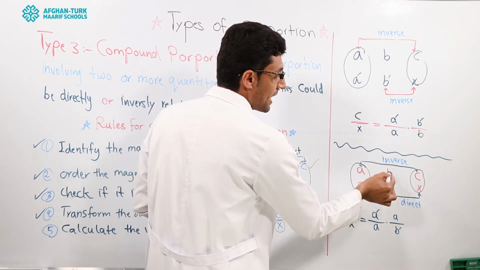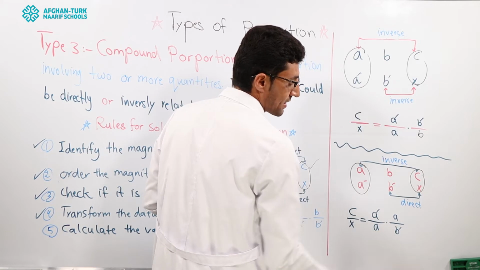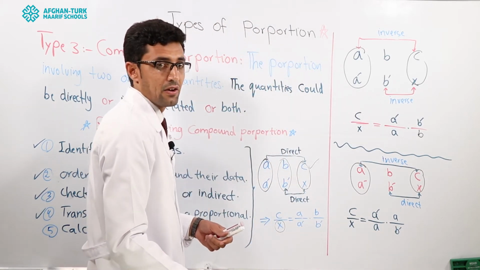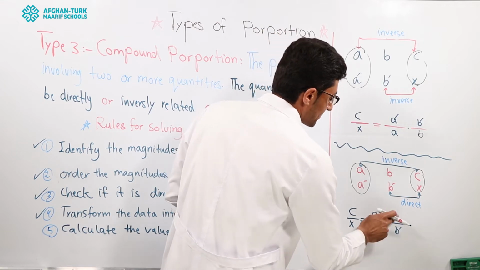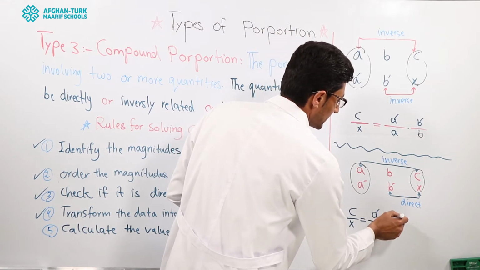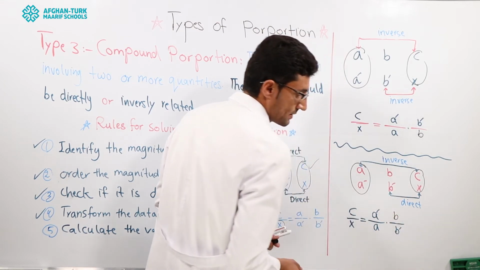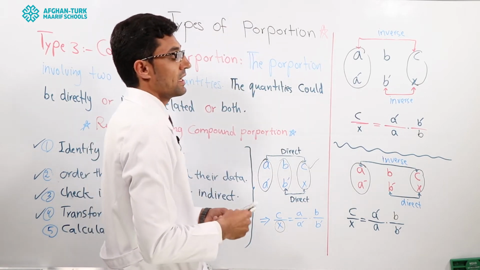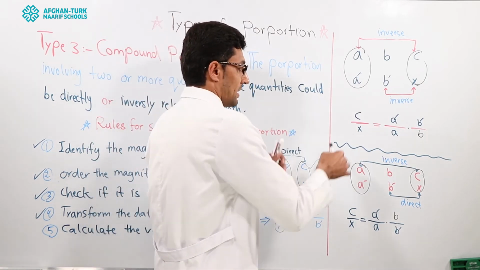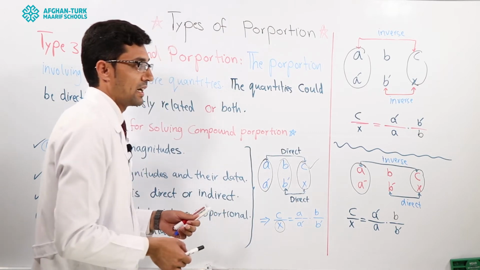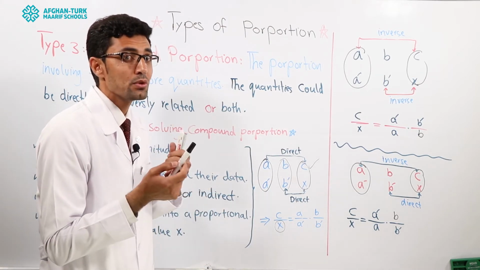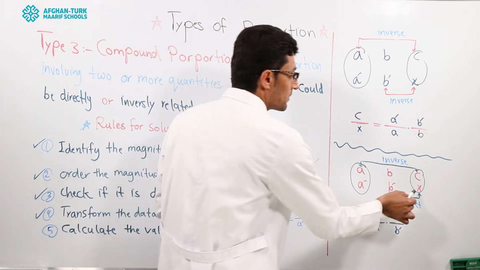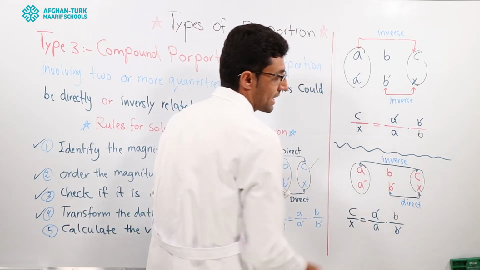Because B dash has direct proportion, we write B over B dash. Whenever we check whether the proportions are direct or indirect, we have to compare with the value of X.